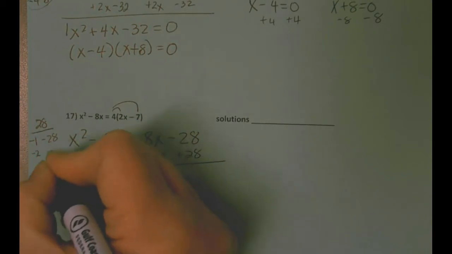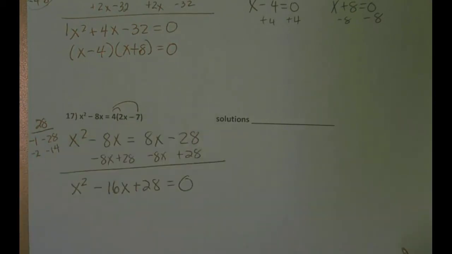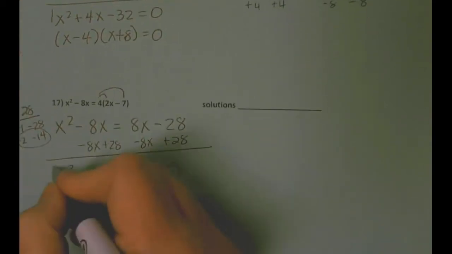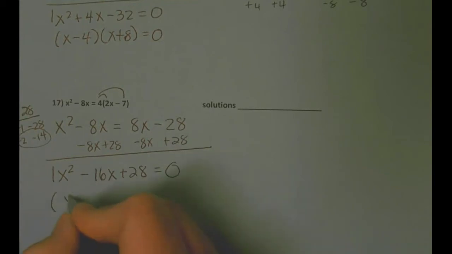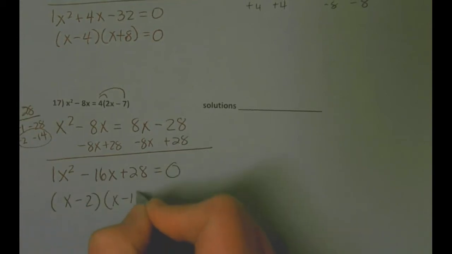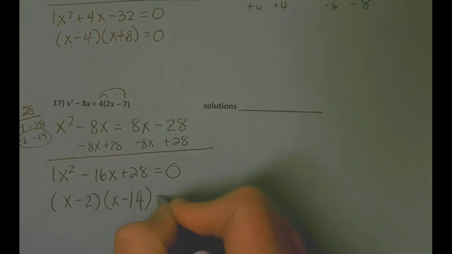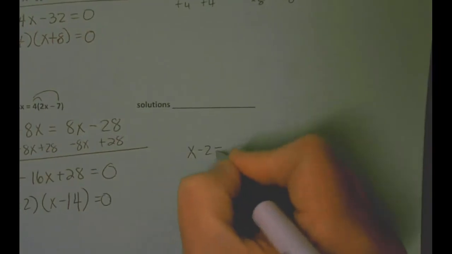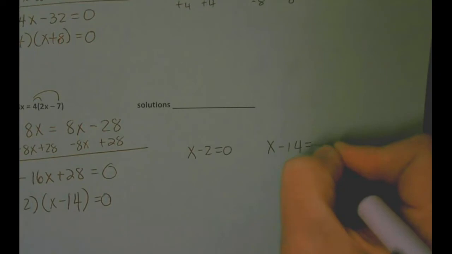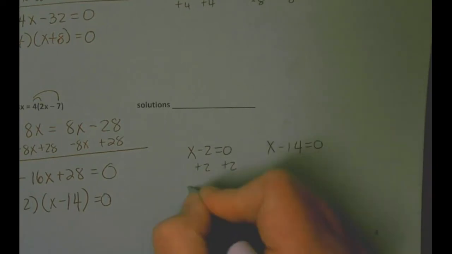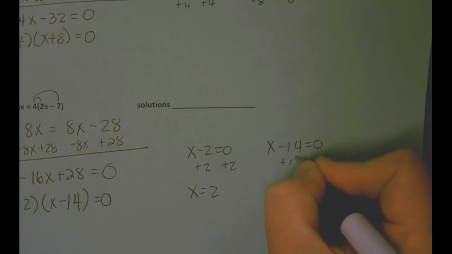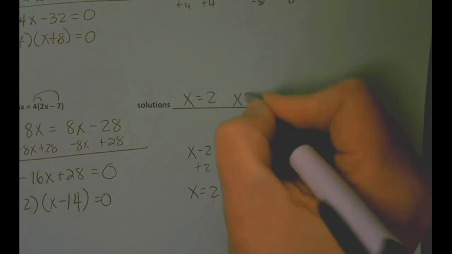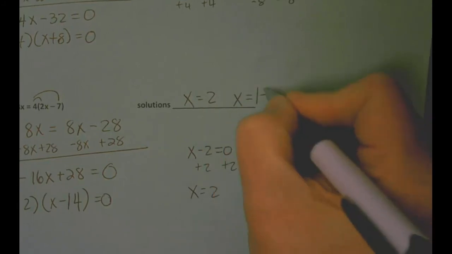Negative 2 times negative 14. And so that pair would be the pair that would work. Since this is 1, I can use my shortcut factoring. Those are my factors, and so I set those equal to 0 and solve them. X equals 2 and x equals 14.